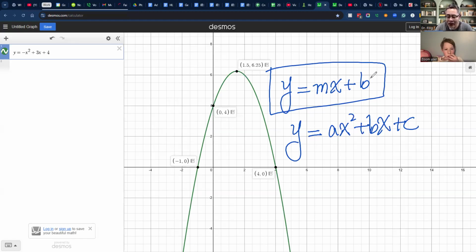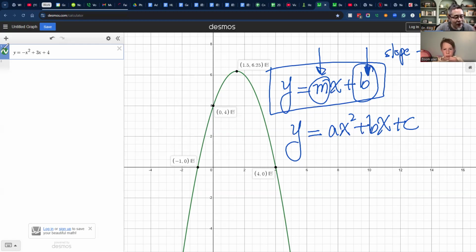First, this form is called slope-intercept form. The reason for that is this is our slope, and this is our intercept.